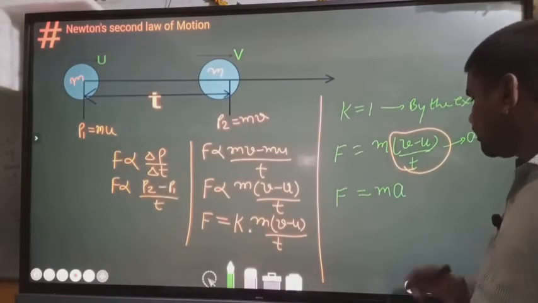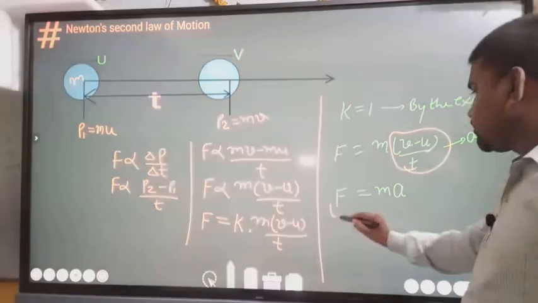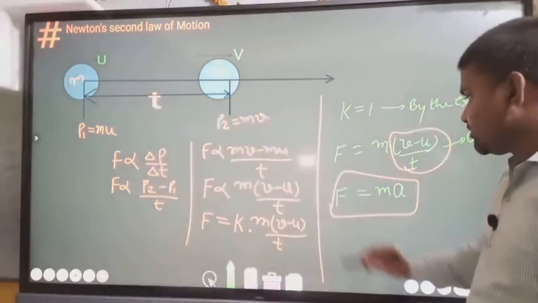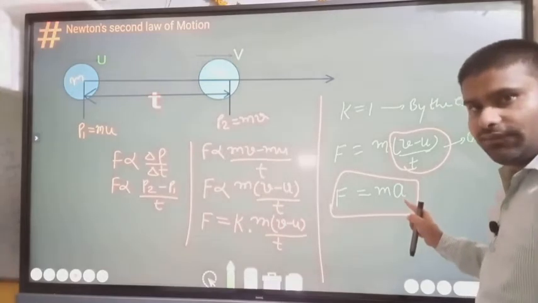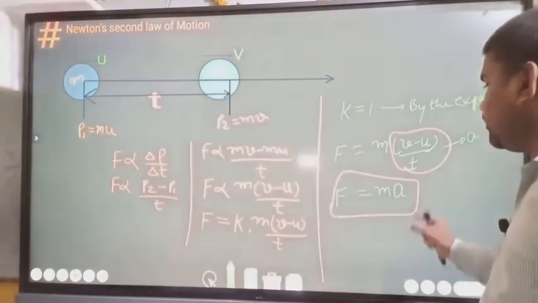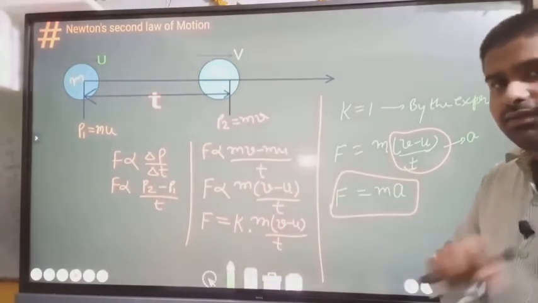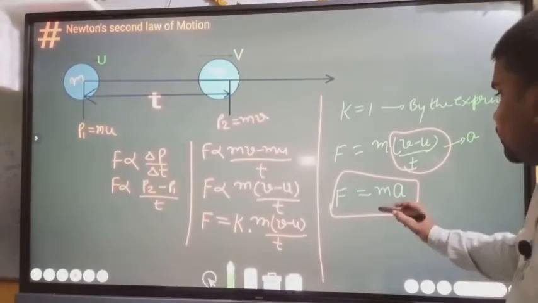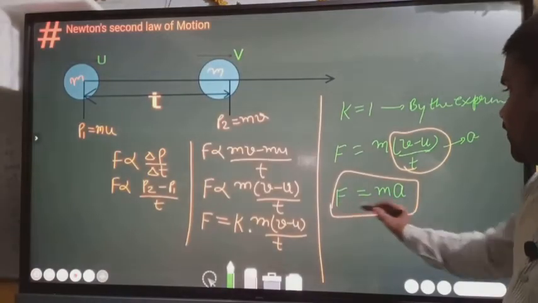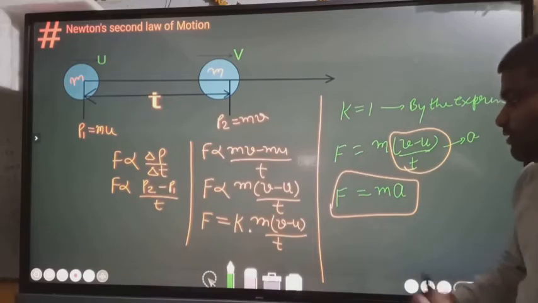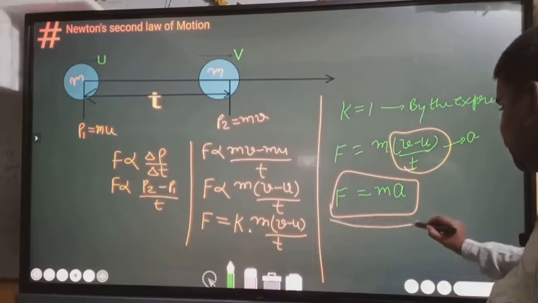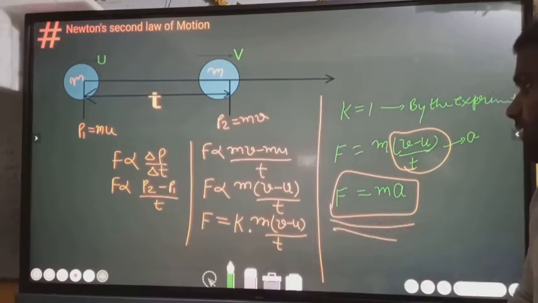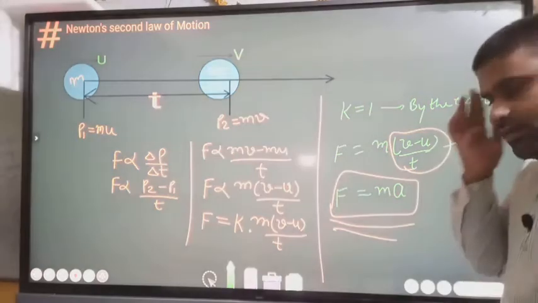So here you can write that force F acting on a body is mass times acceleration, or mass times rate of change of velocity. So you have F equal to ma. This is basically the definition of force, F equal to ma.